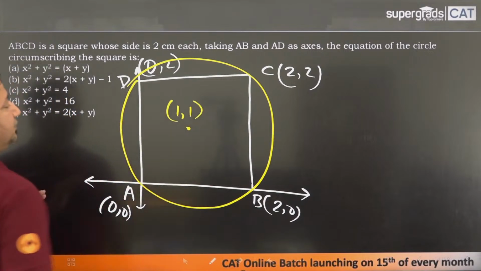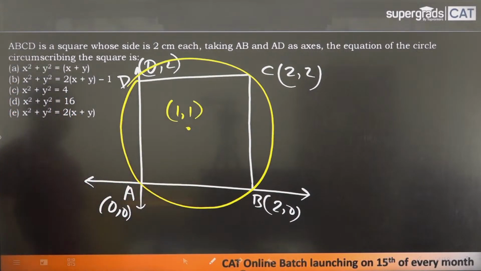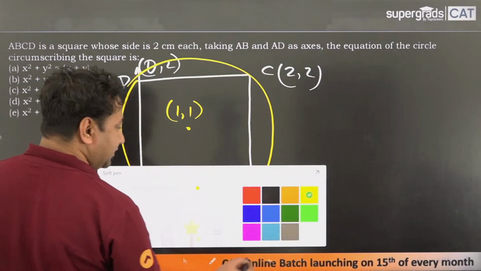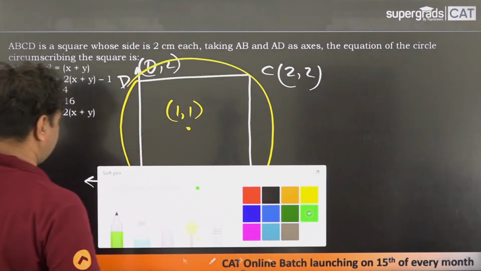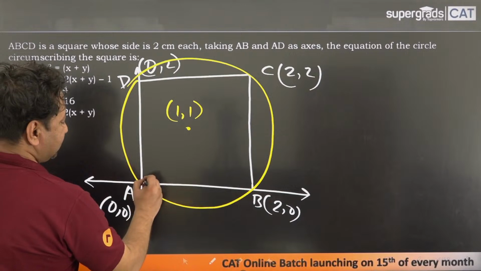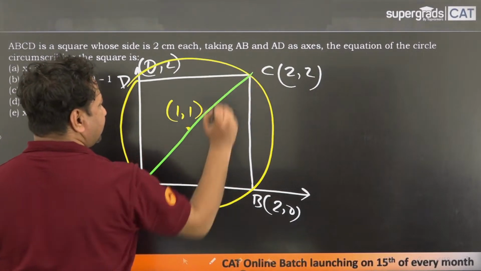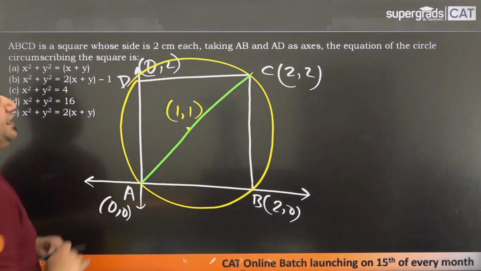Okay, and what will be the radius of this circle? How much will the radius be? If I join these points A and C, this is essentially the diameter.